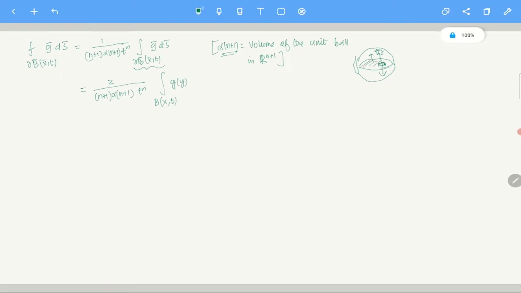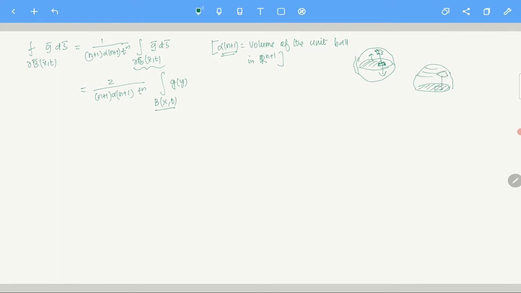The integral is happening here, but what we are doing is basically projecting it in this dimension. That is why I am writing it on B(x,t). So basically in this whole place, you understand this sort of thing.